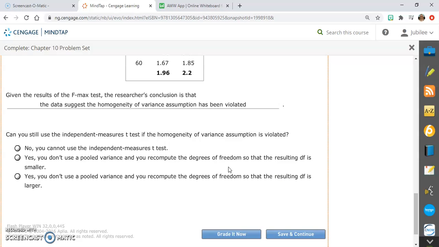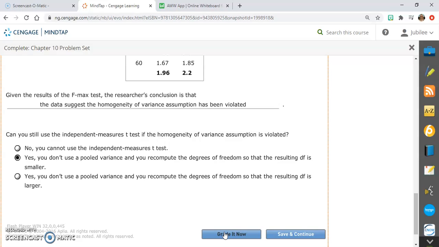But it's larger. Can you still use the independent measures t-test if the homogeneity of variance assumption is violated? You can, but I would end up with this. I don't use the pooled variance and I recompute the degrees of freedom so that the resulting degrees of freedom is smaller.